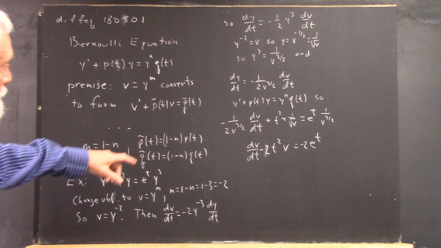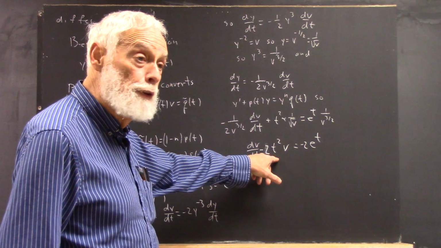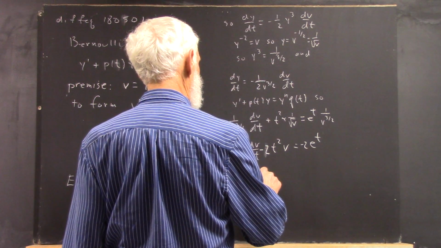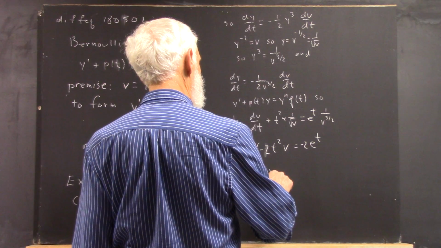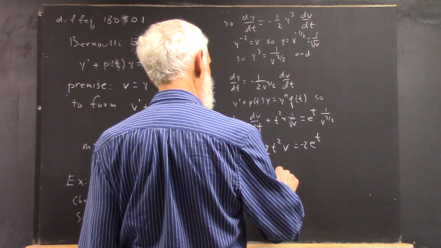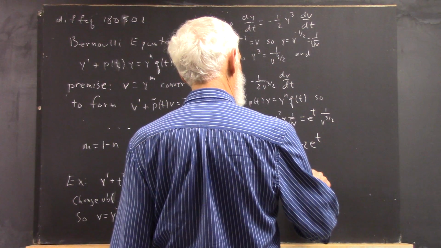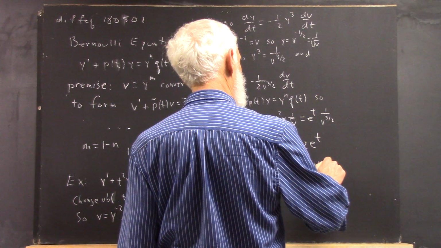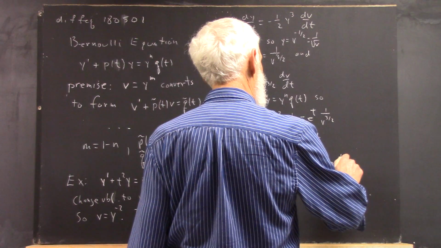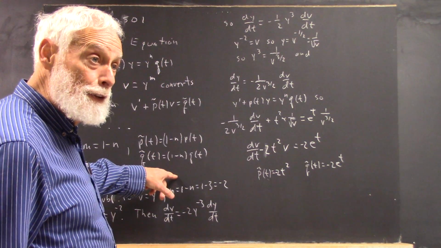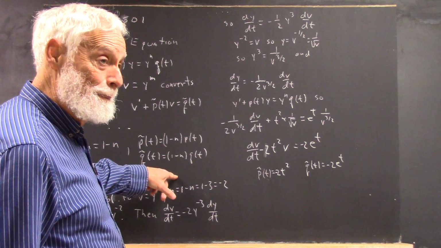Okay, well, our p tilde of v is now negative 2t squared, right? Now, they should both have the same coefficient, okay?